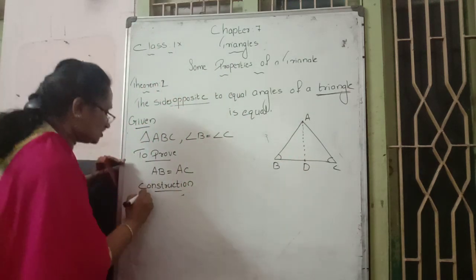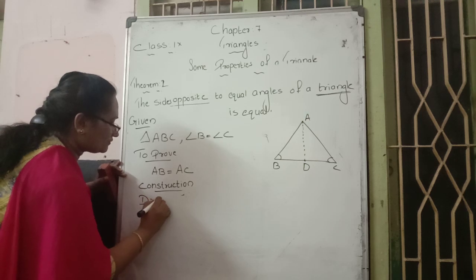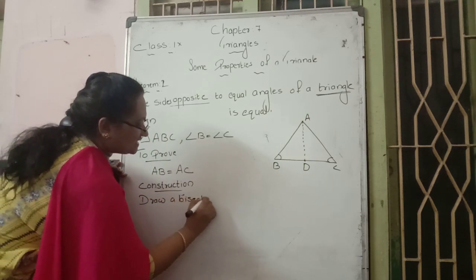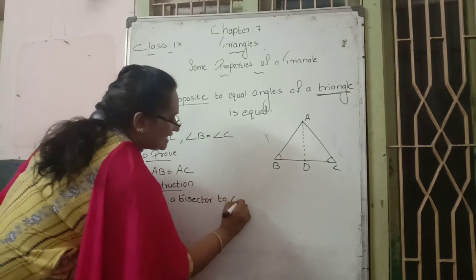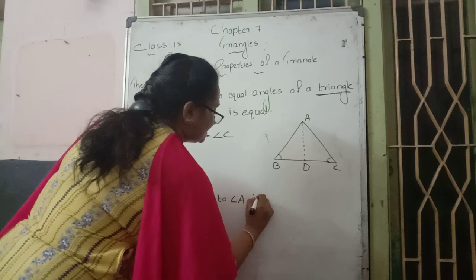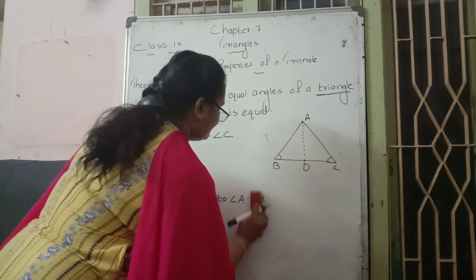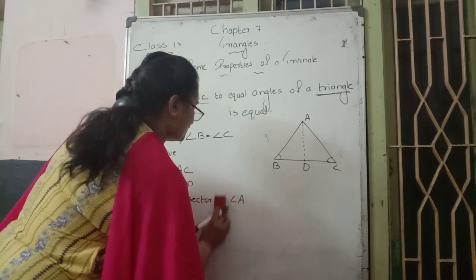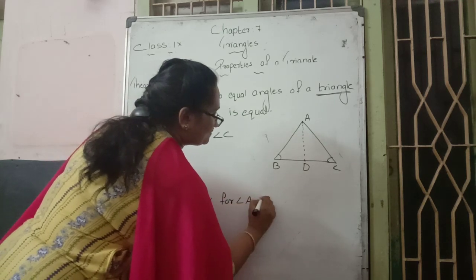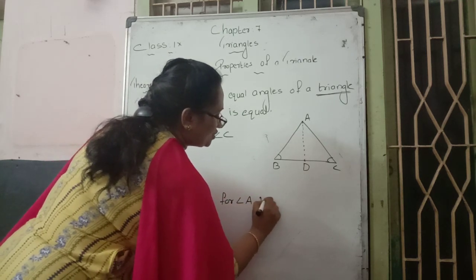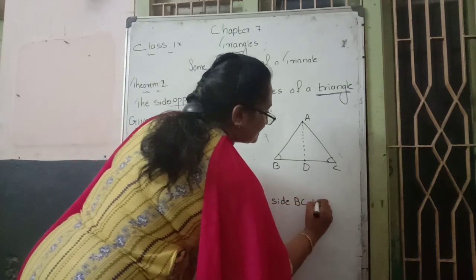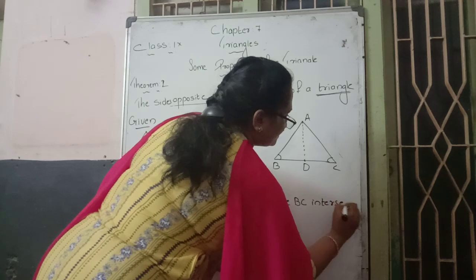So we can write it as: draw a bisector of angle A to side BC, intersecting at a point.